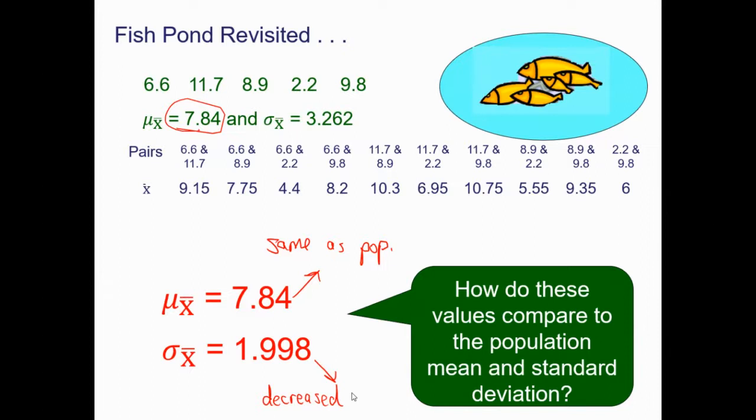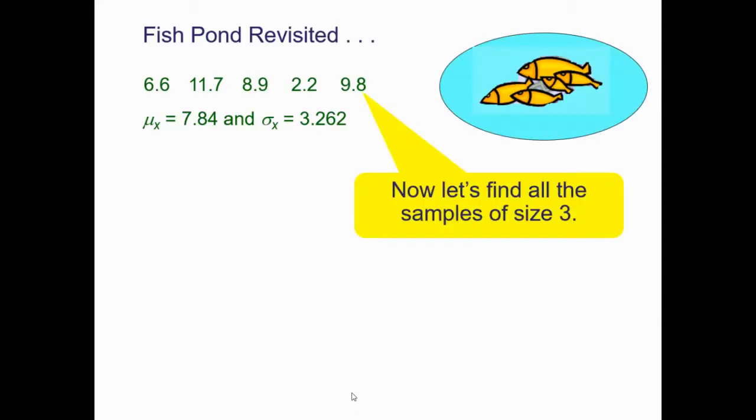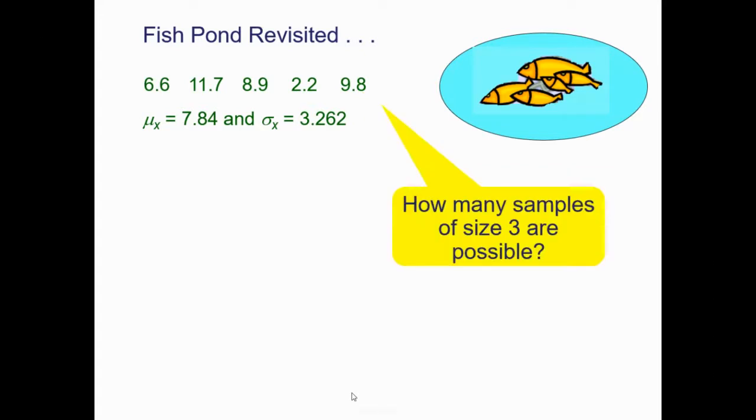Now let's up it. We want to get triplets. So now let's find all samples of size 3. And then we'll go from there. So back up, go back to my blank slide.